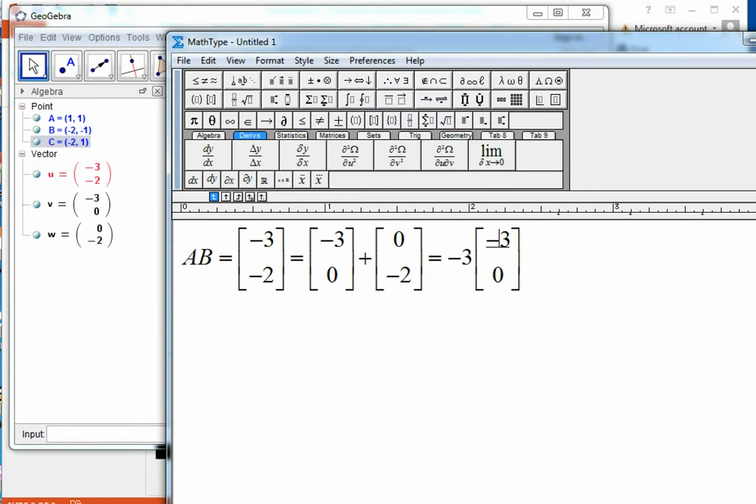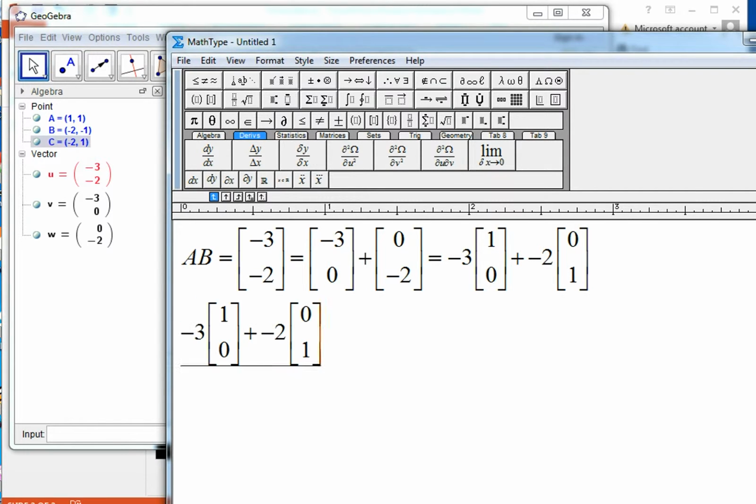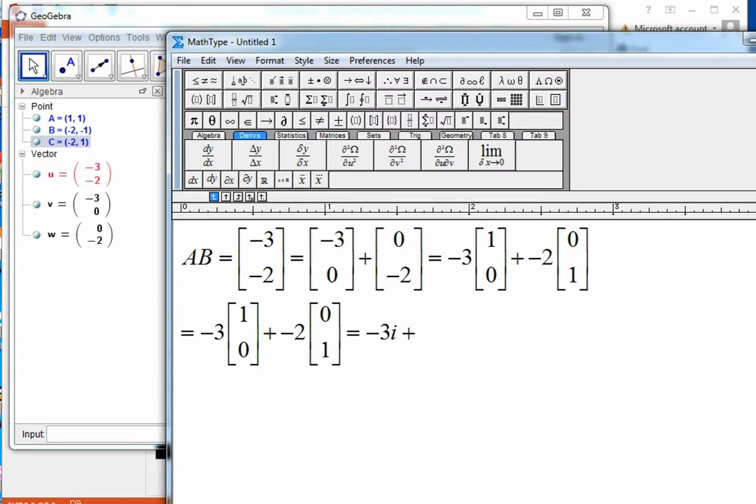If you remember, (1, 0) is the unit vector i and (0, 1) is the unit vector j. So this is equal to -3 times the vector i plus -2 times the vector j.